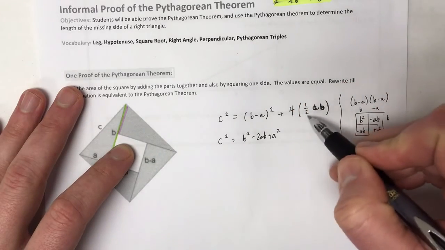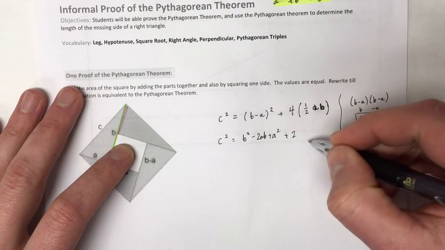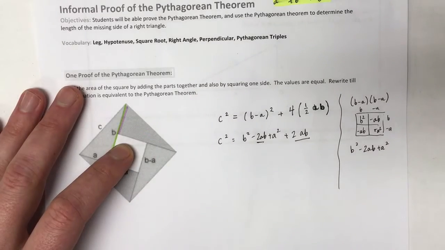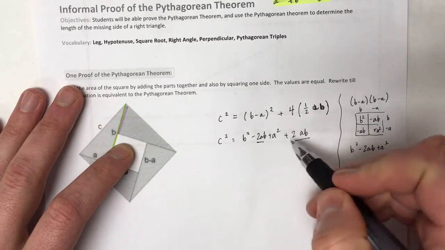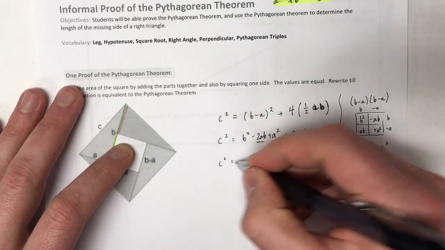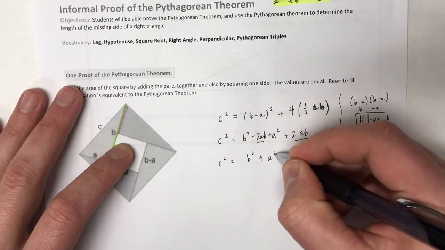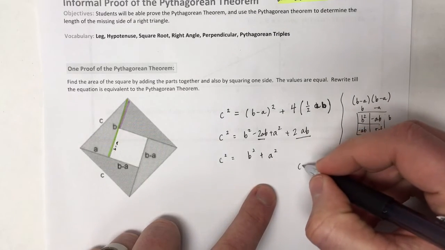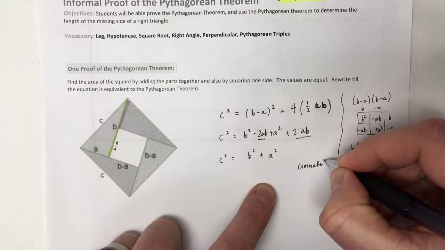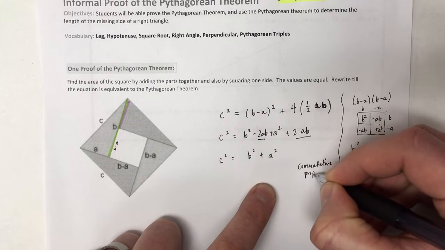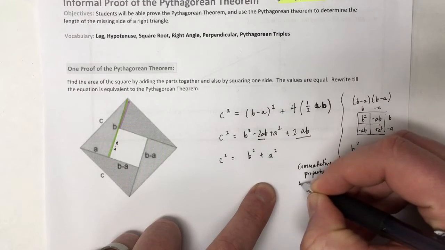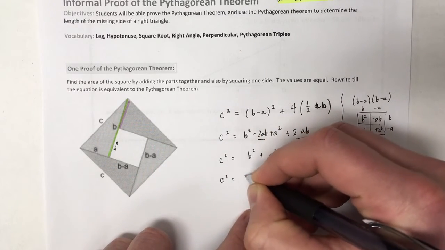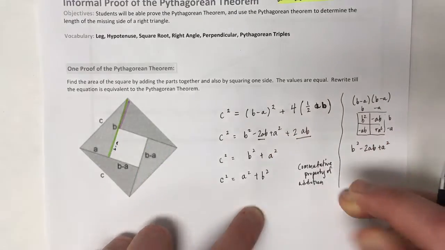Then I have to evaluate the triangles. Half of 4 is just 2, times ab. If I'm thinking about like terms, I notice that these have the same variables with the same exponents, and so now I have c squared equals b squared plus a squared. The rest is just semantics or syntax. I know this because of the commutative property of addition, that I could really write that as c squared equals a squared plus b squared, which is my formula.